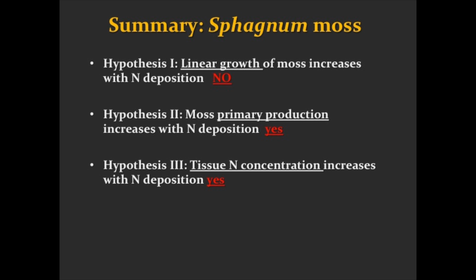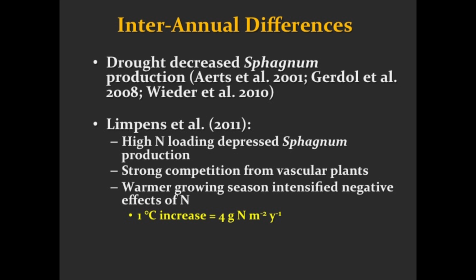Linear growth: no clear response. Primary production and tissue concentration did increase, but it's time dependent. So what's up with these interannual differences? Logically, we think about climate. We know that drought can decrease primary production of sphagnum.